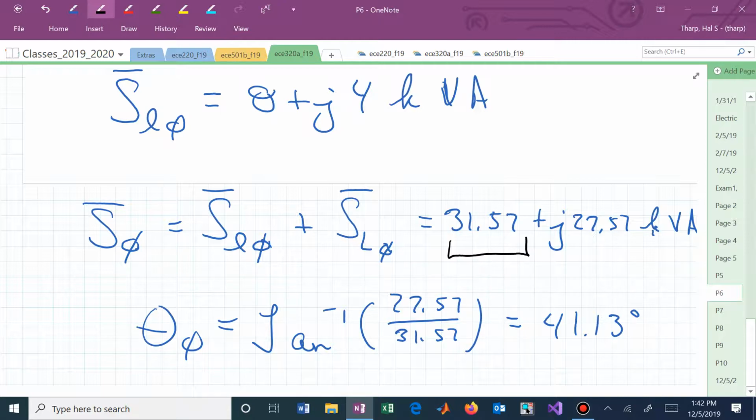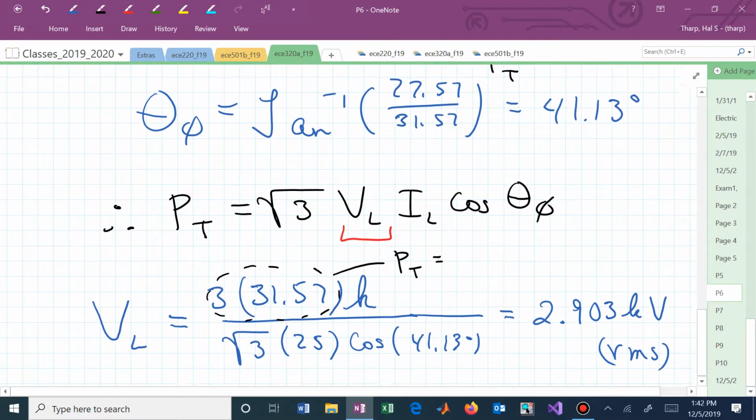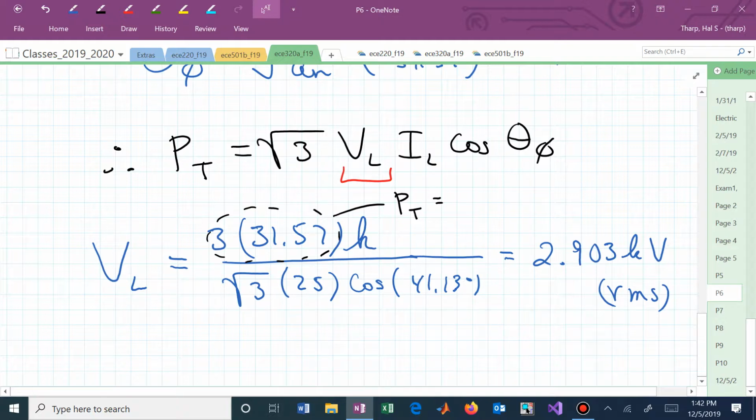I needed to add those up, and I found those per phase. Then I had to basically scale it back up to get P total. That's where the 3 came from. This is now what I'm calling P_T. Hopefully I'm somewhat consistent. This is now 3 times P_phi. And actually it includes the K. K was 1,000.